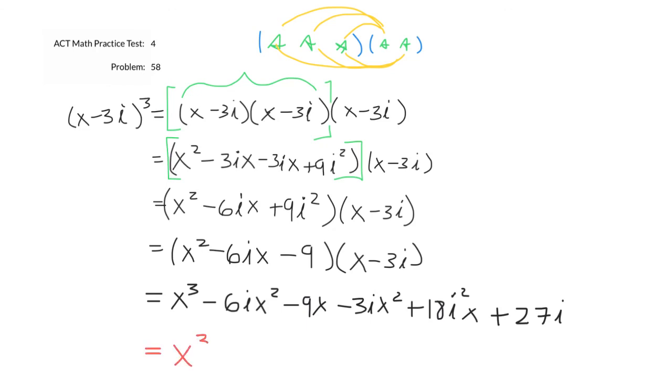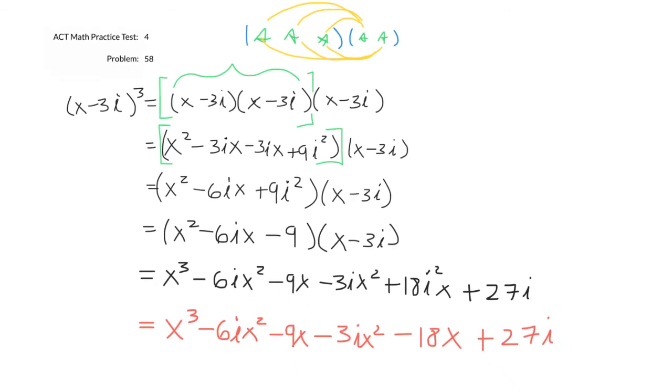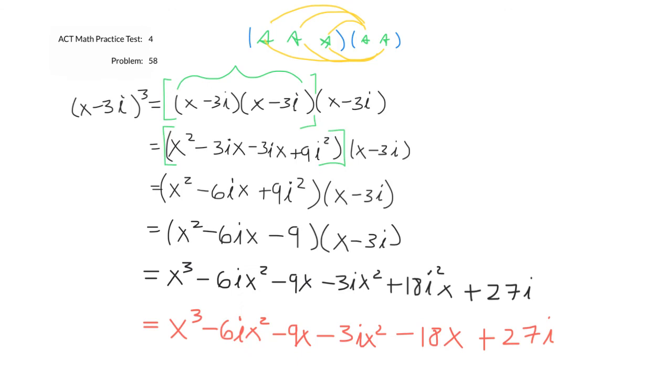So we have x cubed minus 6ix. Nothing changes about that. Minus 9x minus 3ix squared. Now here's the tricky part. Remember, that turns into a -1, so that's going to be a -18x. And then plus 27i. So at that point, we can very clearly see that we have x cubed.